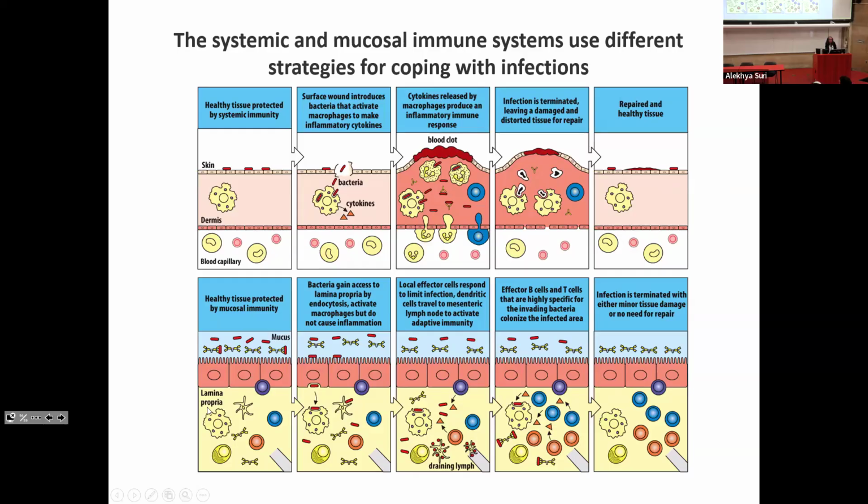On the other hand, in mucosal tissues, the healthy tissue is protected by preformed molecules present in the mucosal tissues.